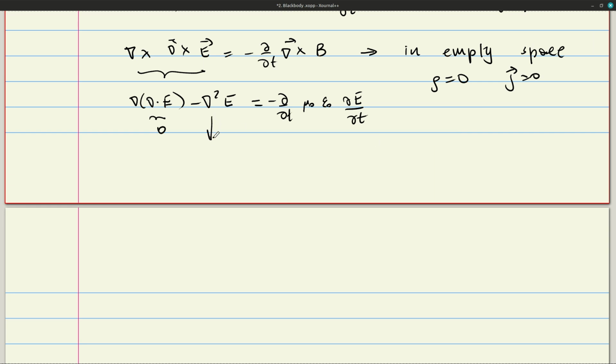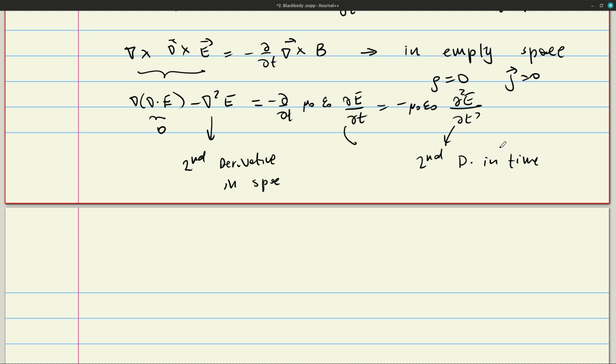okay, there is a second derivative in space, and there's a del E, which is minus mu 0 epsilon 0 del squared E over del T squared. This is a second derivative in time. So this is what we call a wave equation, right?